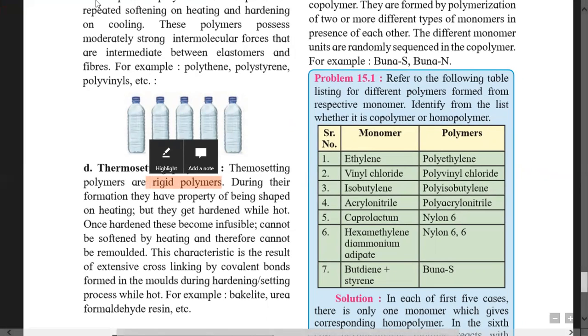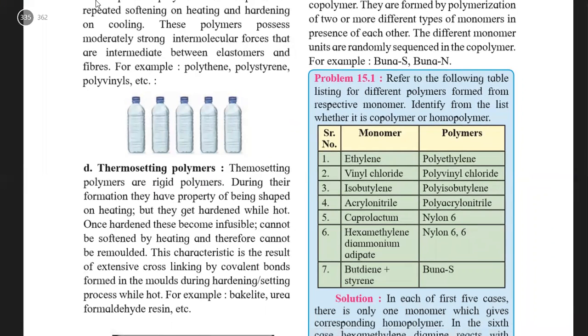This is a different property than thermoplastic polymers, which are soft on heating and hard on cooling.